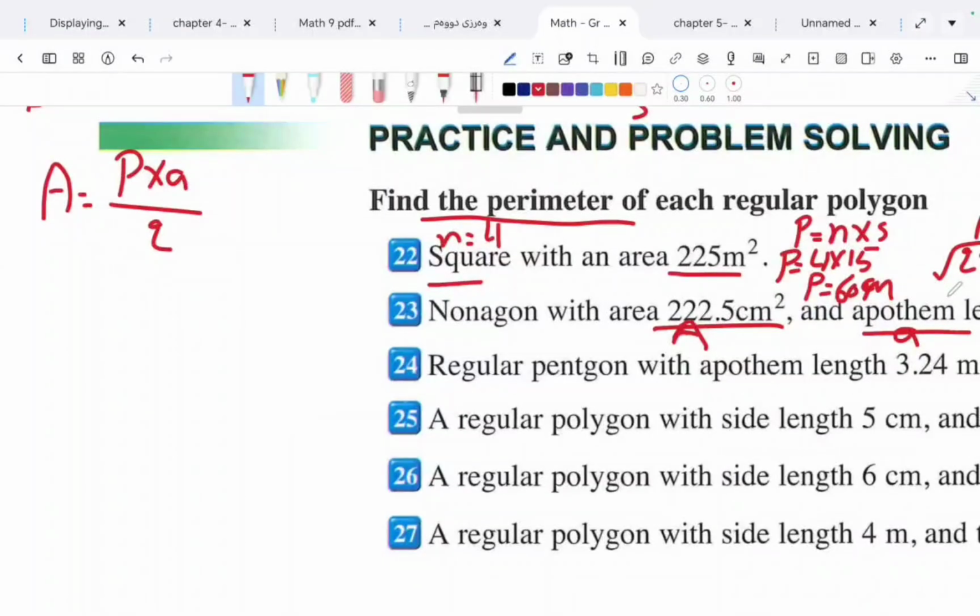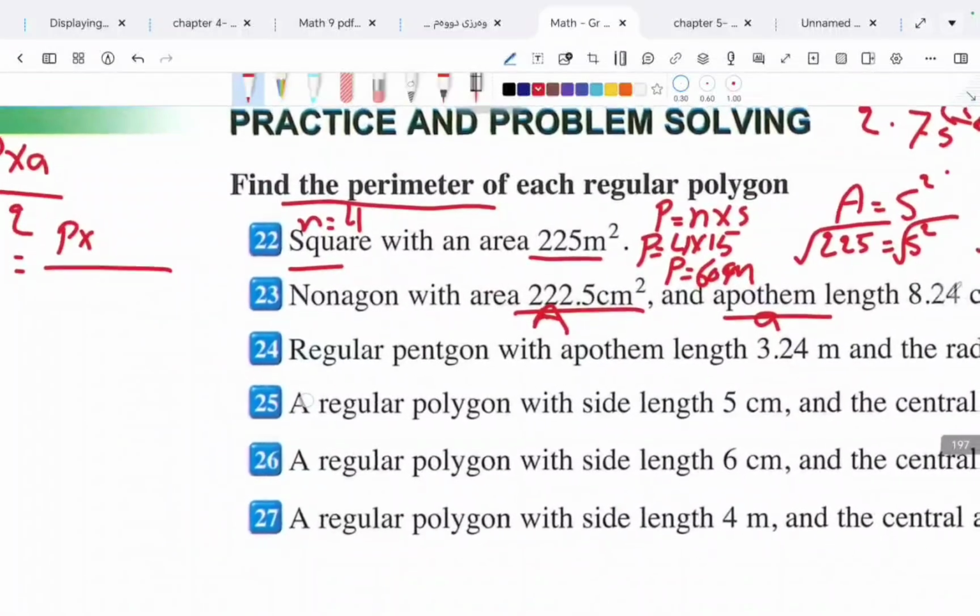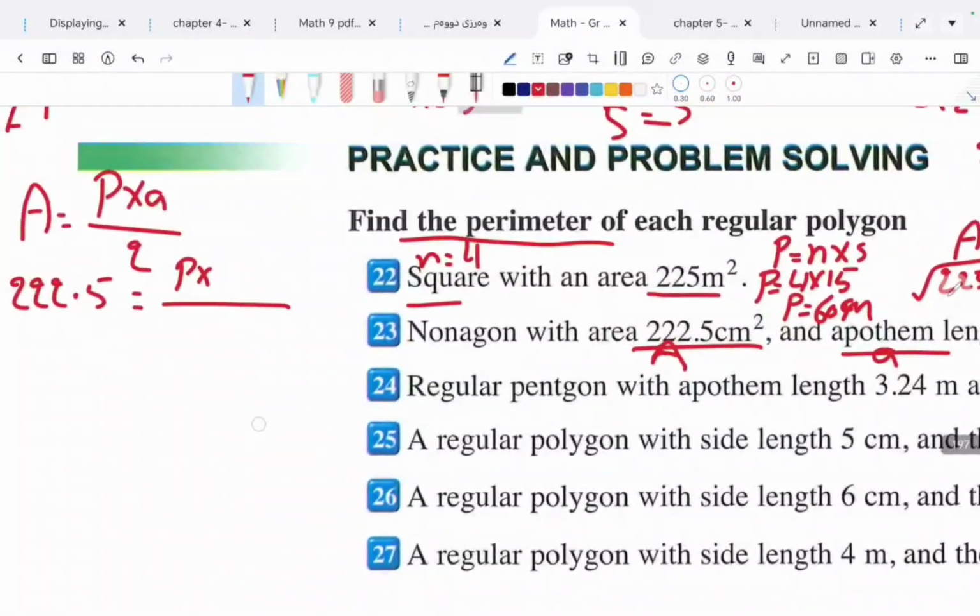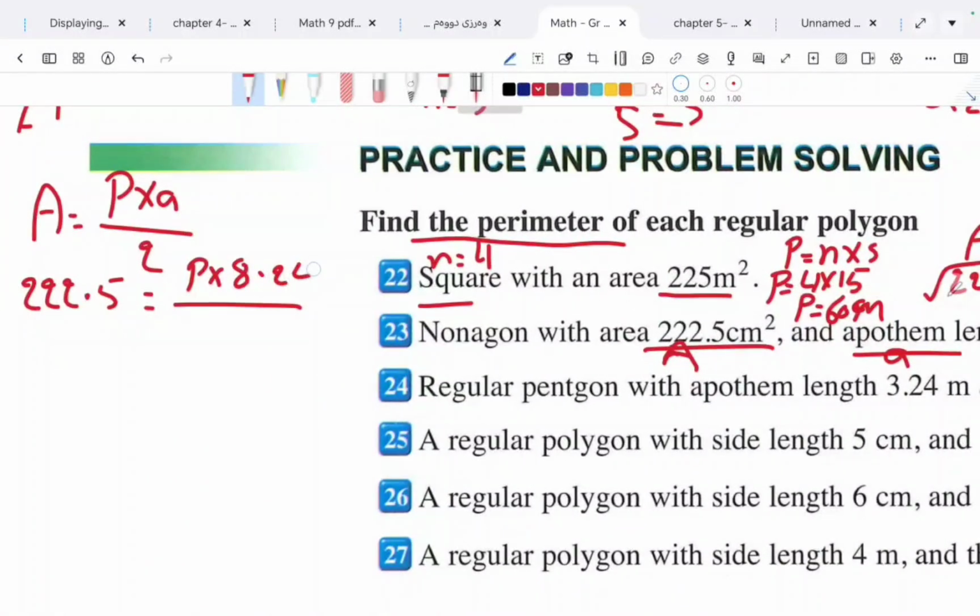Area is given, which equals 222.5 equals perimeter. It's not given. They ask for perimeter, and the apothem is 8.24 out of 2. Okay, can I simplify between this one and this? Yes, of course, it will be 4.12.